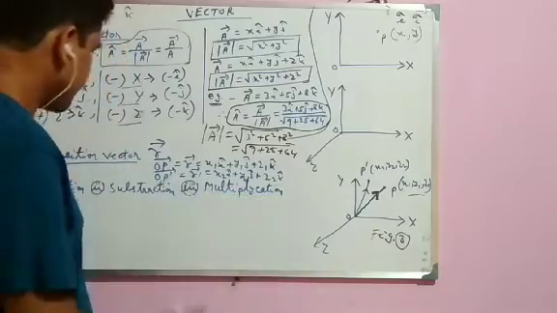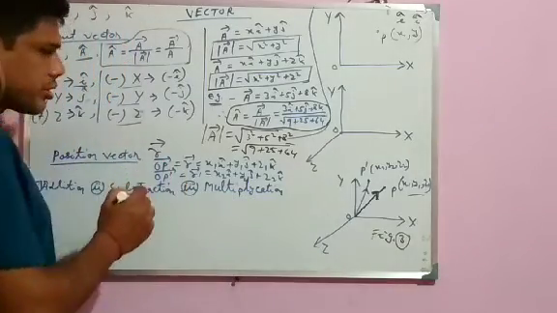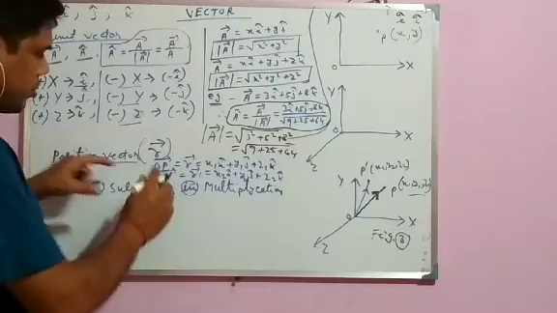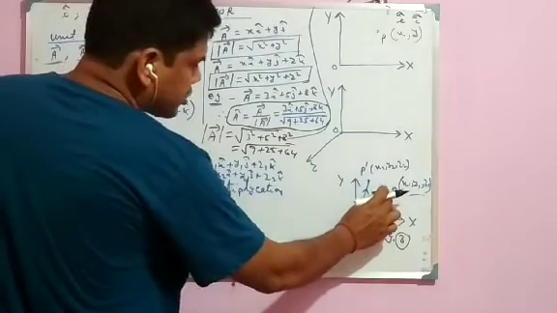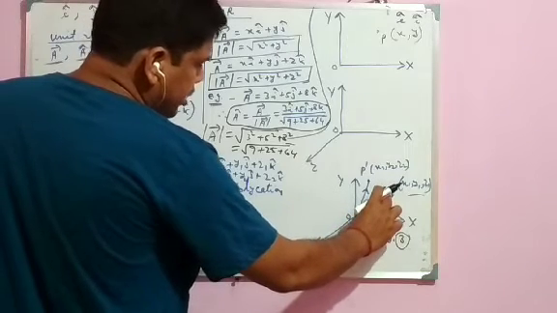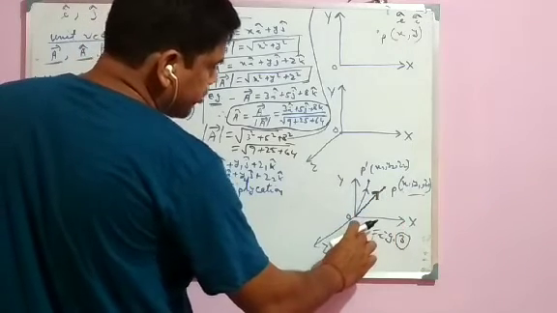Generally, the position vector is denoted by small r. In this case, the position vector of point P in this 3-dimensional figure is OP.